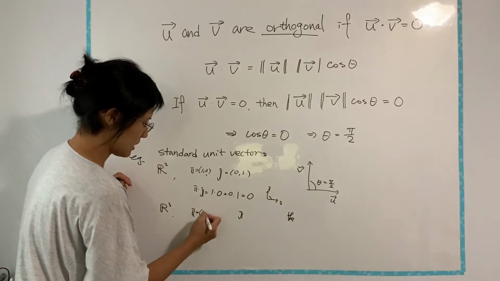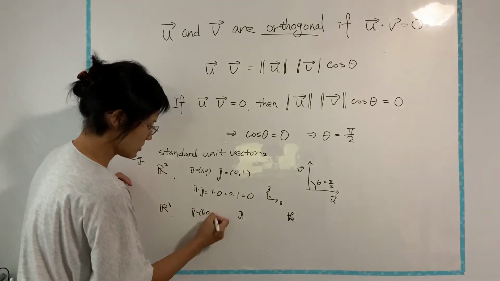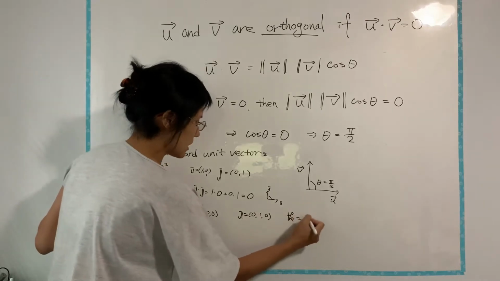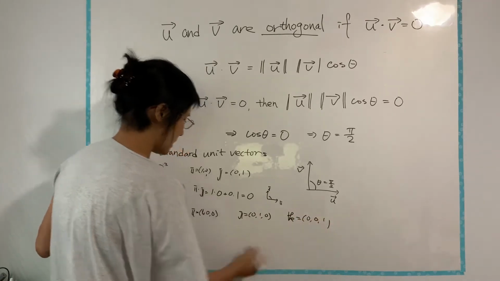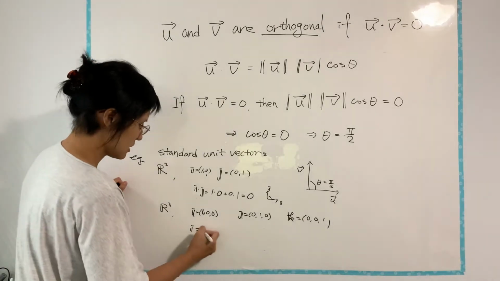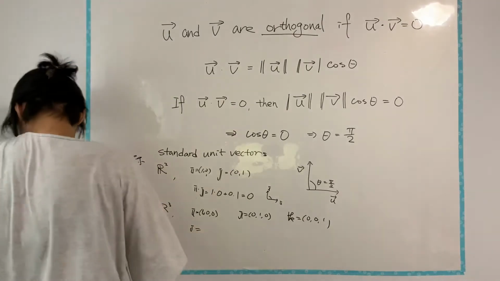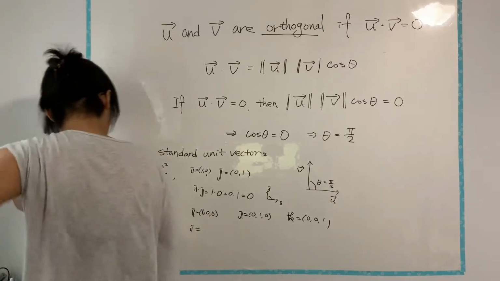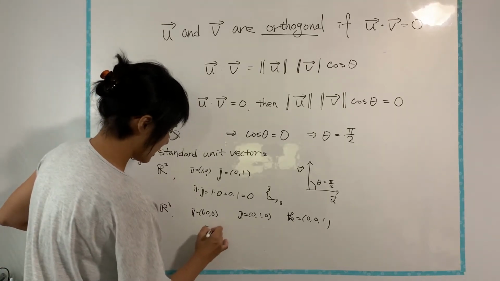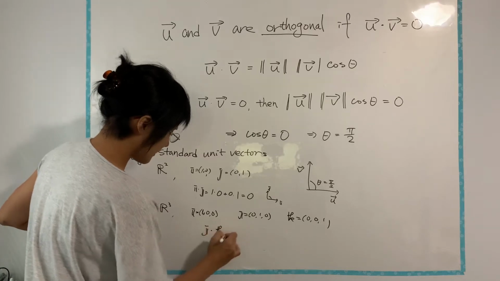In R3, you have i, j, and k as your standard unit vectors. So i is (1, 0, 0), j is (0, 1, 0), k is (0, 0, 1). And you can check any of these two vectors are orthogonal. So let's say j dot k.